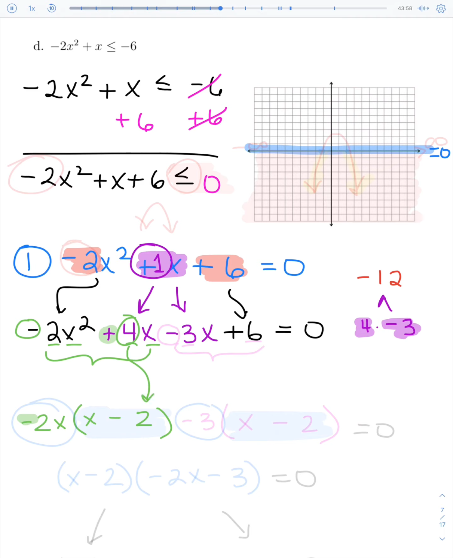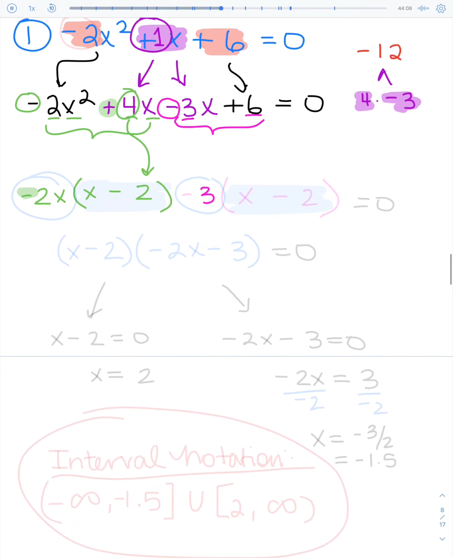Let's do this all over again with the last 2 here. We have, let's see, they're both divisible by 3. Also, again, you have a negative on the first term, so let's pull out the negative. If you pull out a negative 3, that will still leave you with an x minus 2.